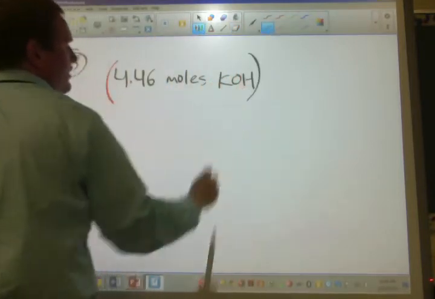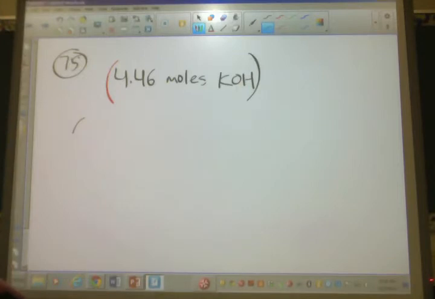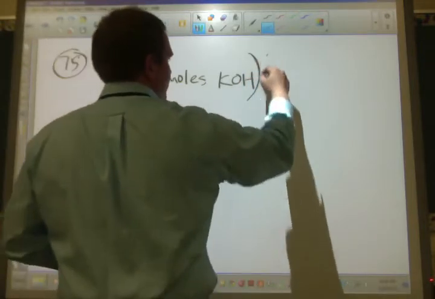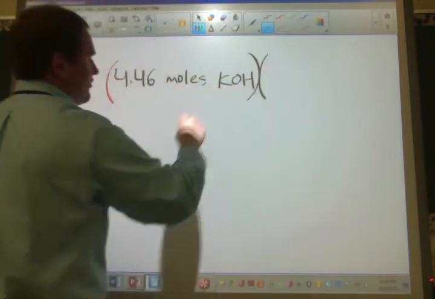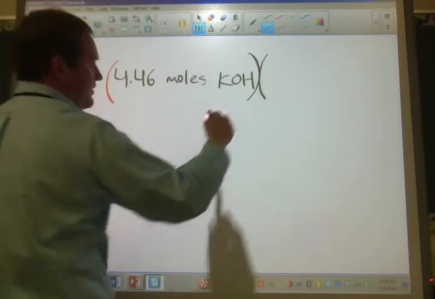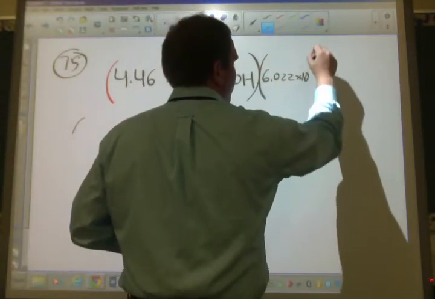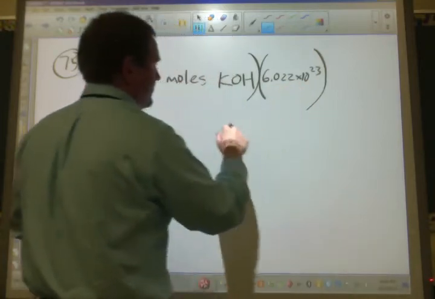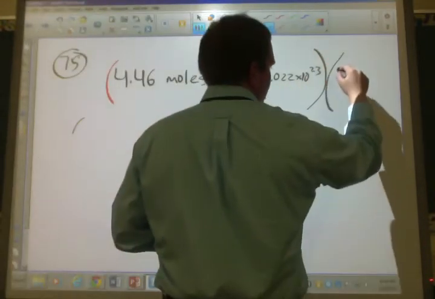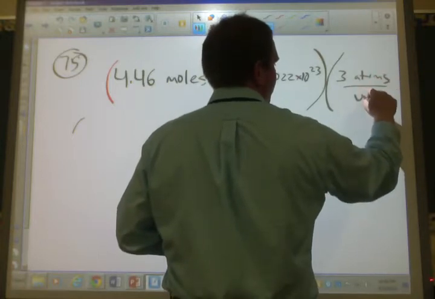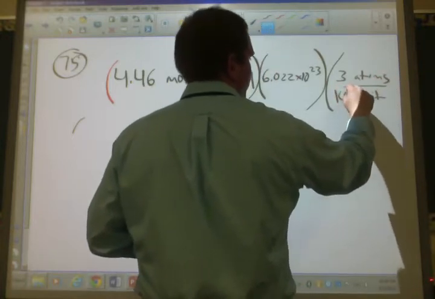Well, how many atoms of KOH do we have? I have 1, 2, 3 atoms per formula unit. So let's do it this way. We need to turn moles into formula units again, so it's going to be times 6.022 times 10 to the 23rd. And then each formula unit gives me 3 atoms per unit KOH.